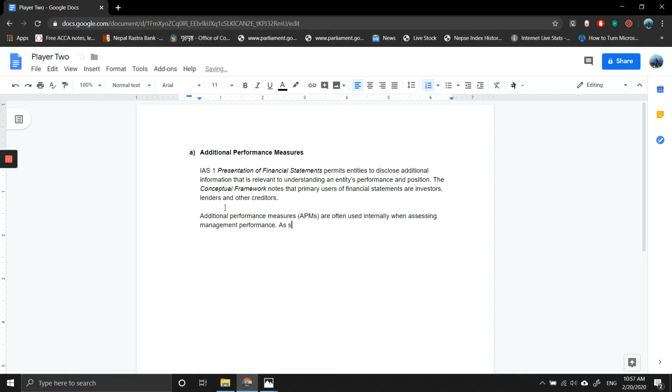As such, they can help financial statement users to understand management's view about what is important to the entity.